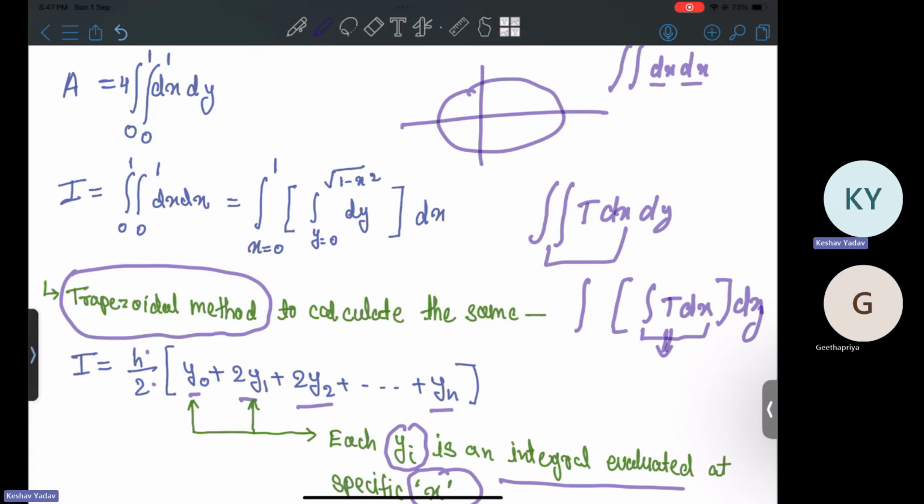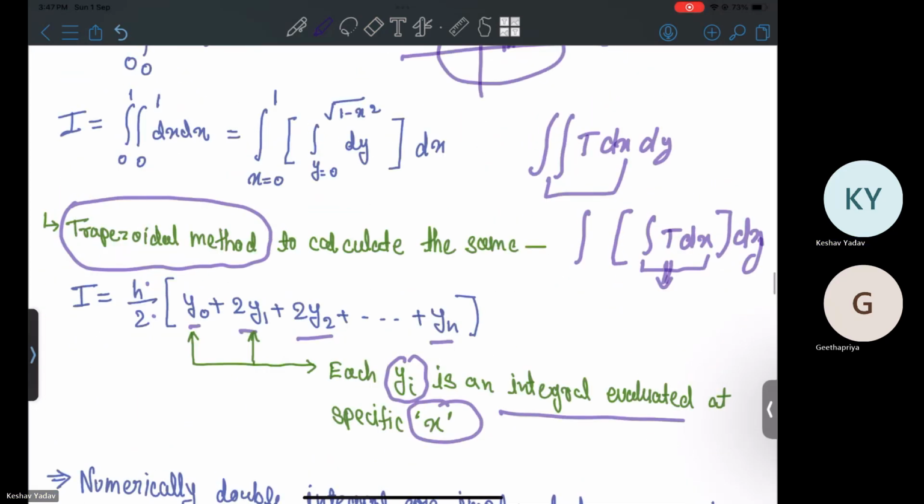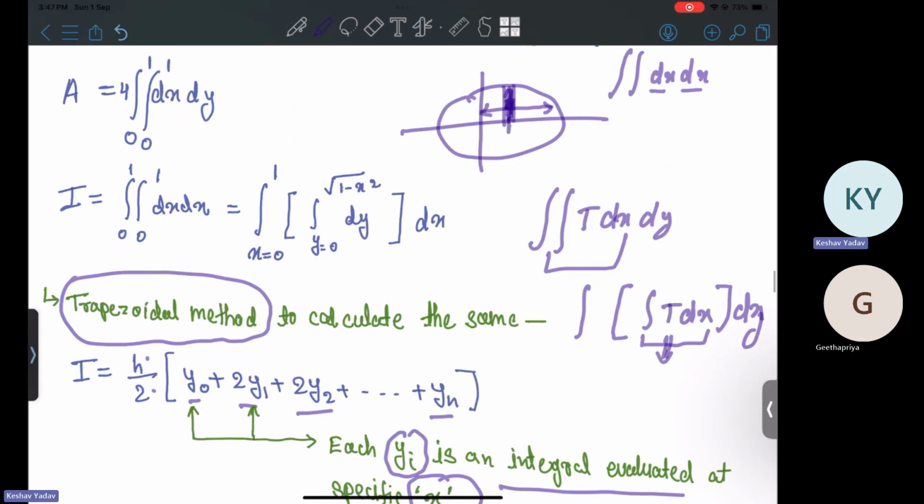So first it has been integrated with respect to y. I have this small domain. I have integrated with respect to y, which means we have found this strip. Then we have integrated this strip over this limit. So first y, then at each x we have done this.